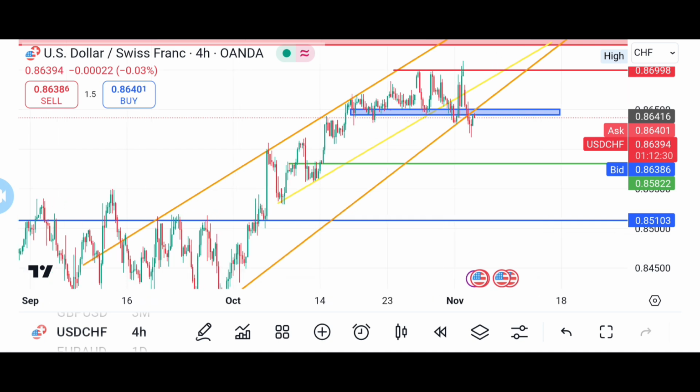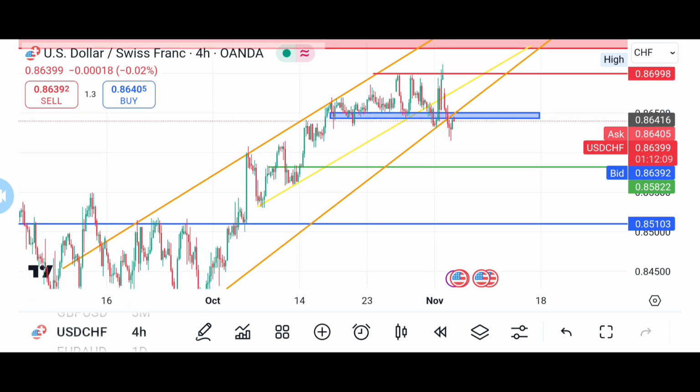So we might have a lot of volatility in the market, especially those pairs that have the USD dollar as their main or base pair. So expect a lot of volatility in the market.